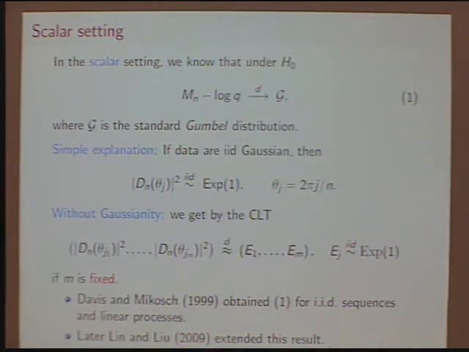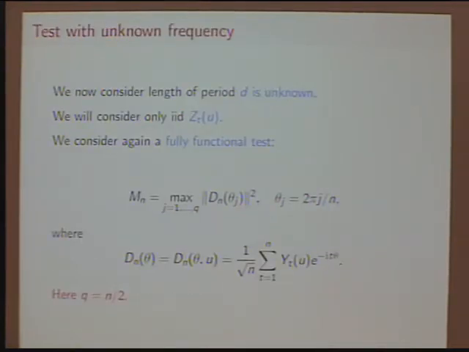Many of you probably know that result anyway, but here is a simple explanation. If your data are Gaussian, then the statistic is a weighted sum of Gaussians, again Gaussian, so you have Gaussian variables across the different frequencies. Because the trigonometric functions are orthogonal, these become uncorrelated, so they become independent Gaussians. If you square independent Gaussians, you get chi-square variables.